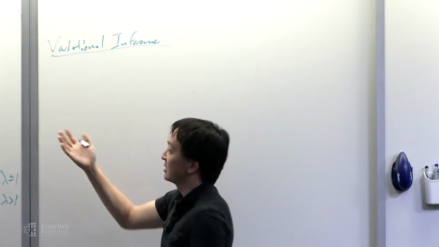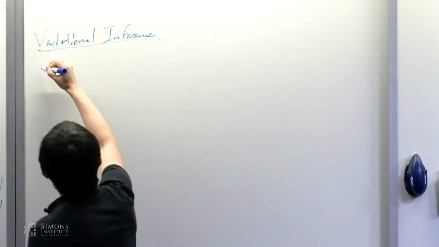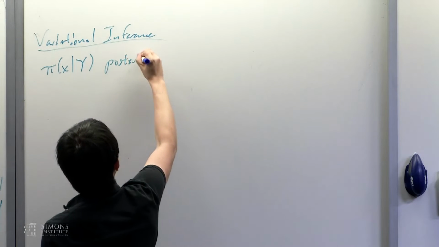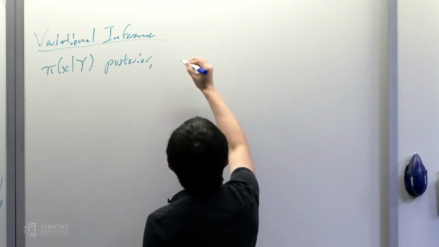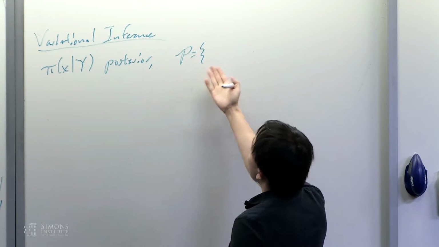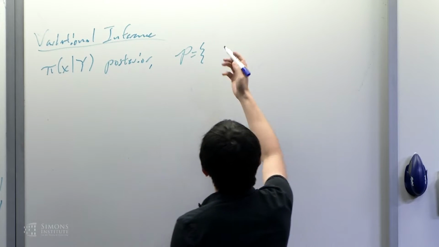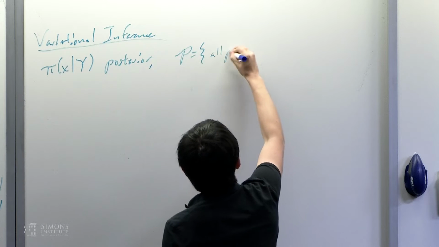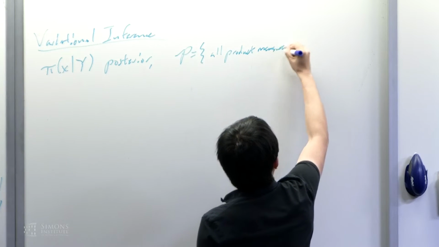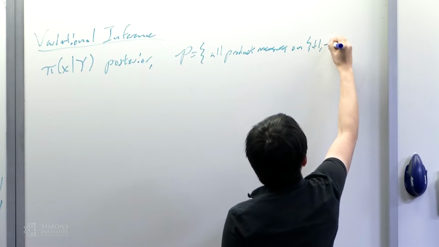To describe to you what this is, let me call the true posterior, let me denote that by pi of x given y. This is the true posterior that I'm interested in. And let me call script p an approximating class of probability distributions. Script p will be the class of all product measures on the cube, so all product distributions on plus 1 minus 1 to the n.